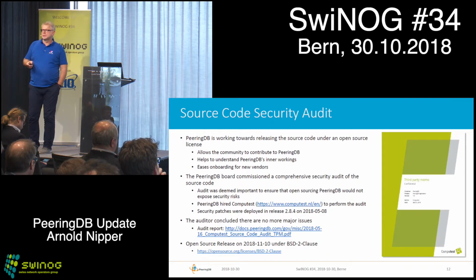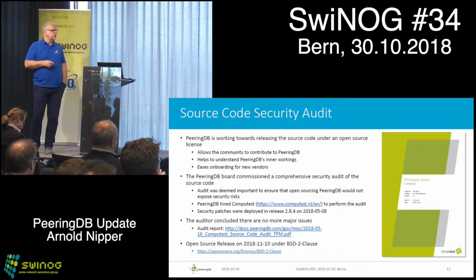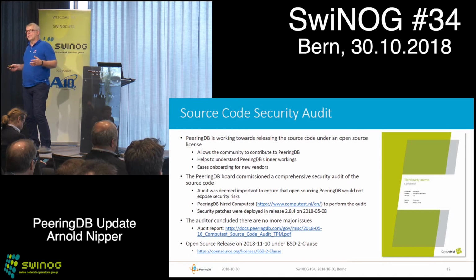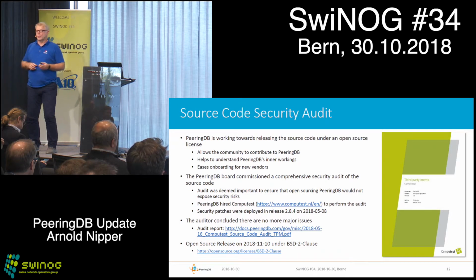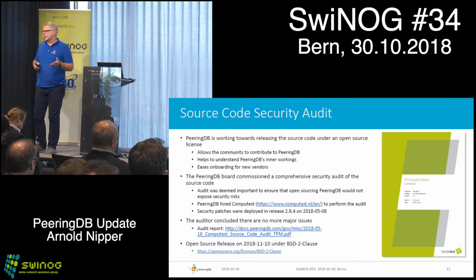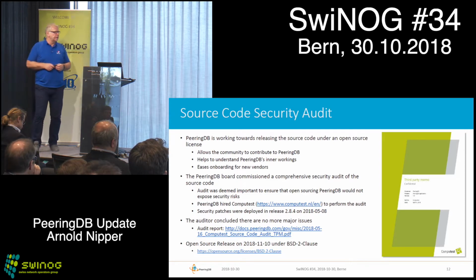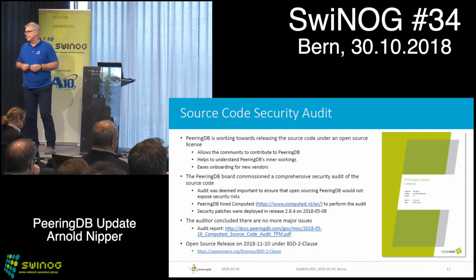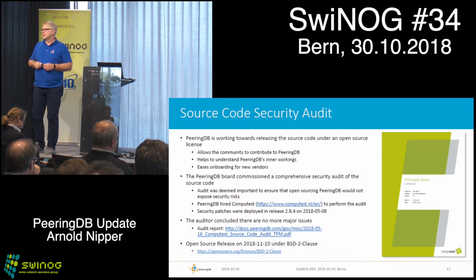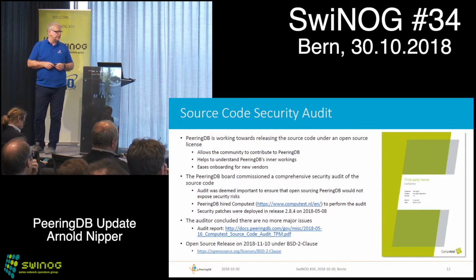The overall finding from the audit was that it's quite good. There were some minor bugs which are currently fixed, and we decided to make the code open source, and we will release it in 2 weeks' time under the BSD 2-clause.